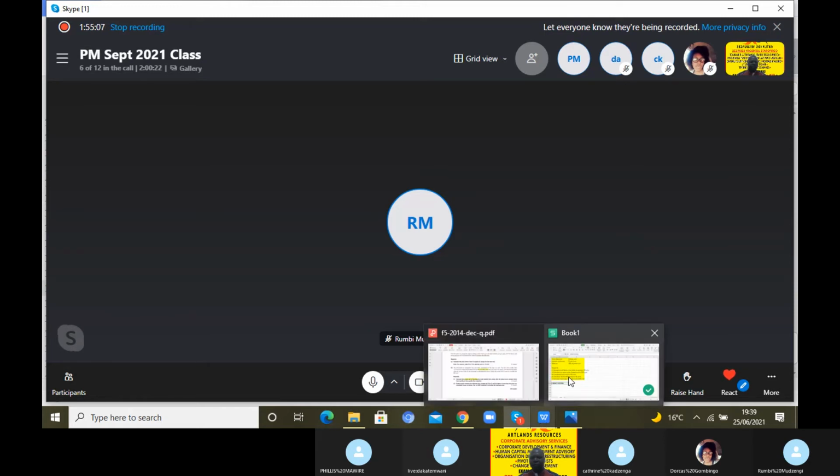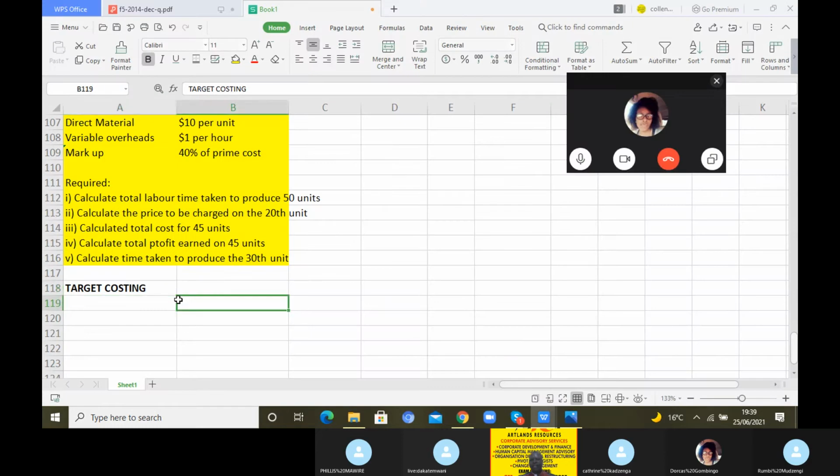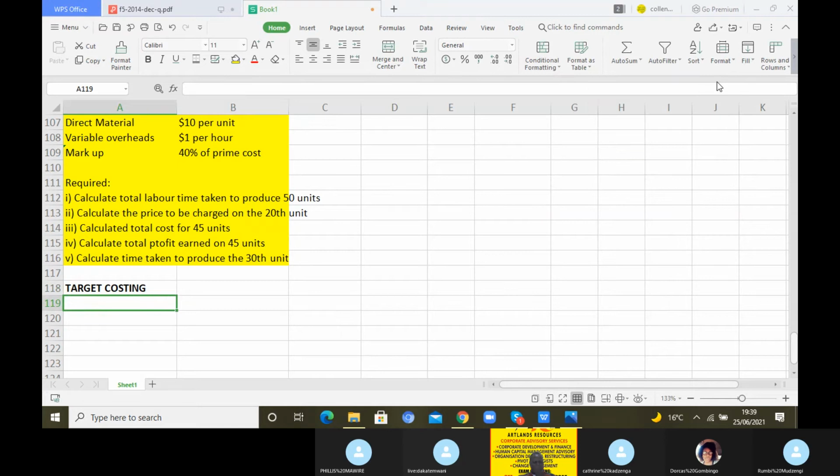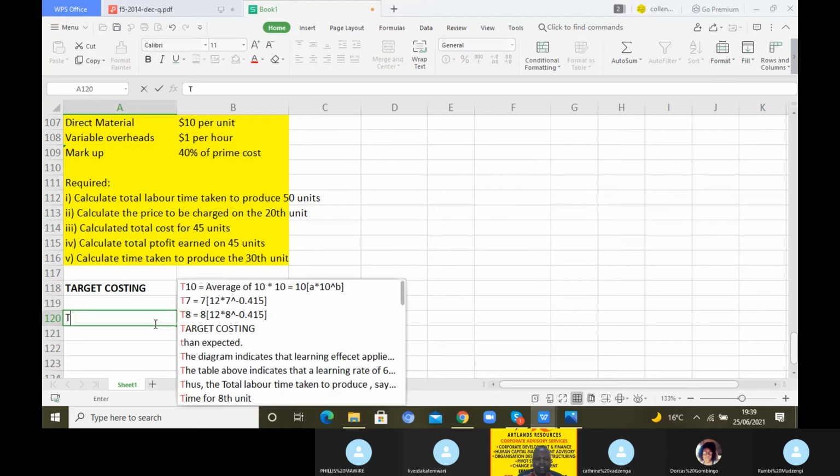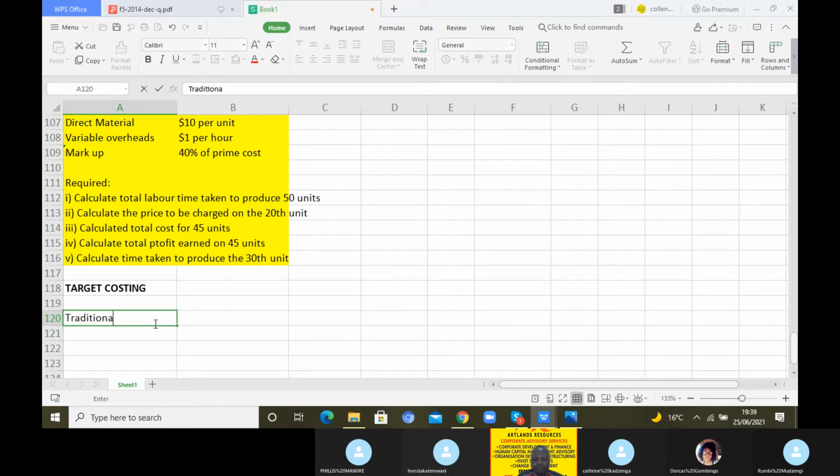So here's the deal, guys. Target costing. Allow me to establish a rapport on what target costing is about, so that you have a broader picture of what it entails. Let me start with what you know. There is what is called traditional costing. Let's say you manufacture cakes. You know how I like cakes.